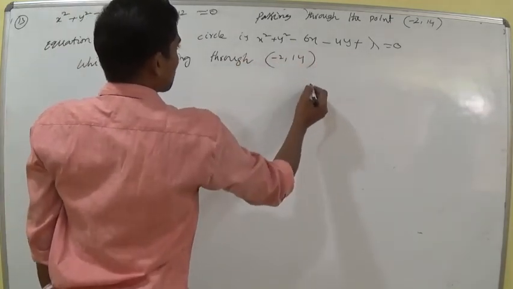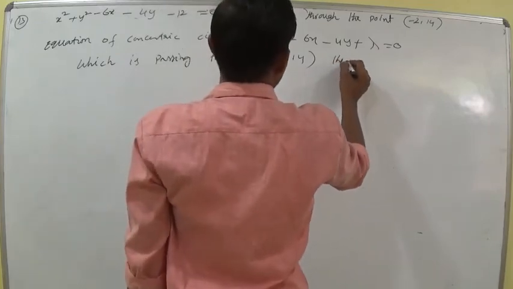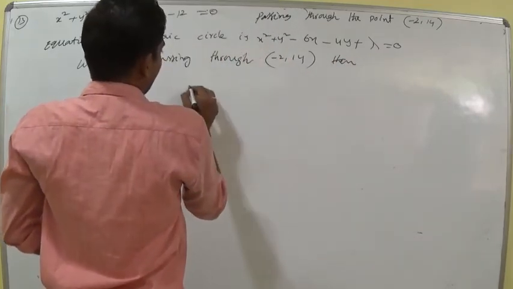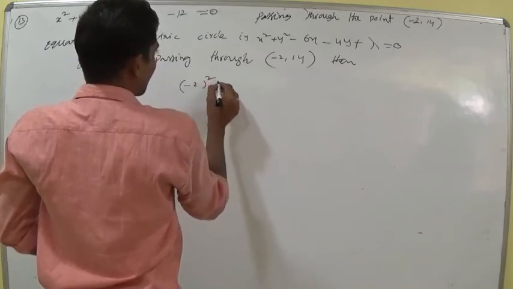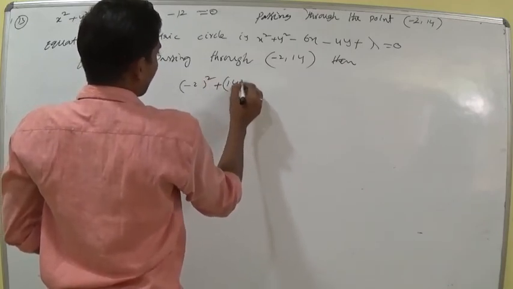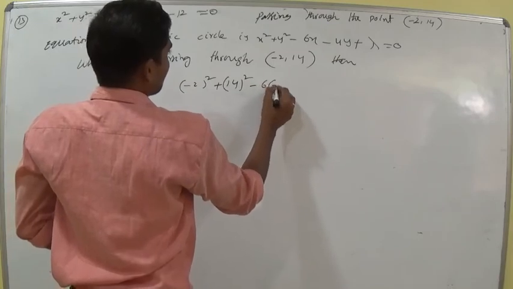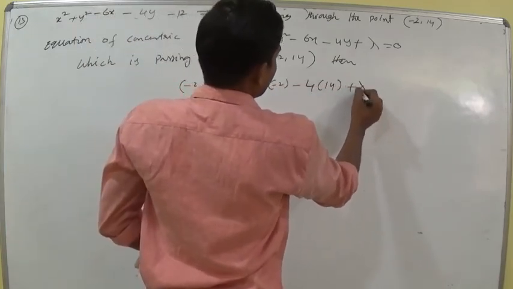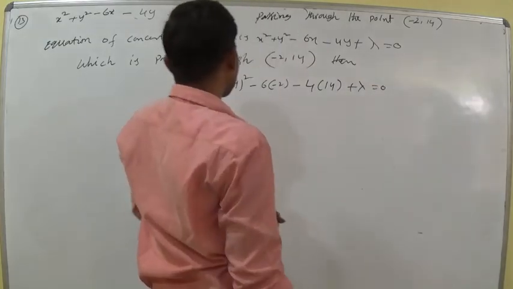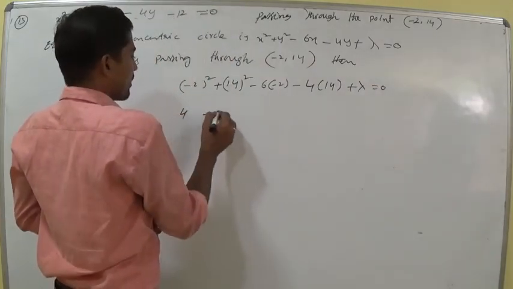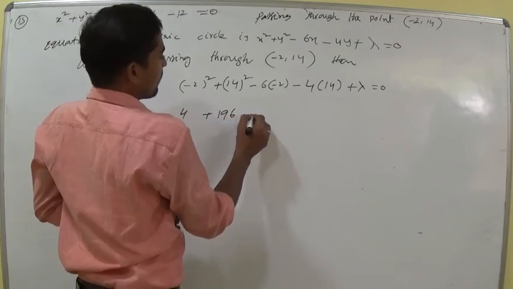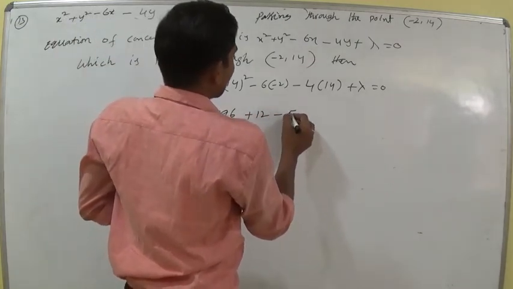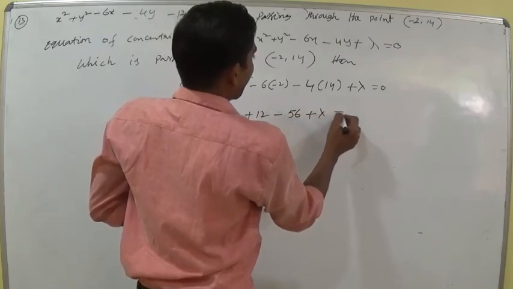Then minus 2 whole square plus 14 whole square minus 6 into minus 2 minus 4 into 14 plus lambda equal to 0. Now 4 plus 196 plus 12 minus 56 plus lambda equal to 0.